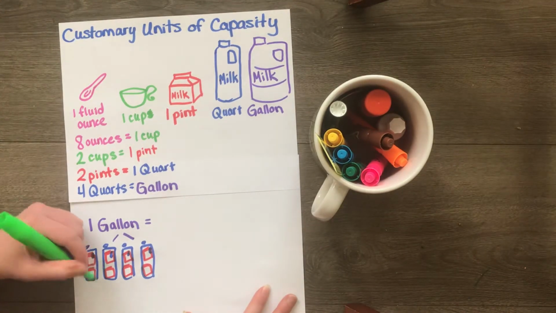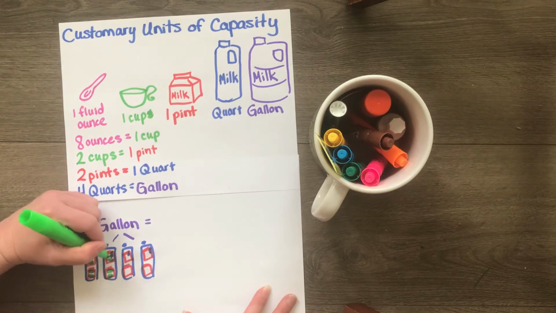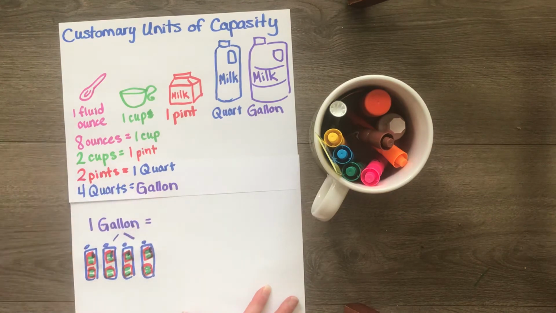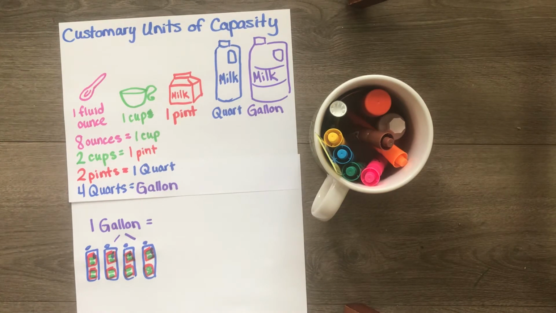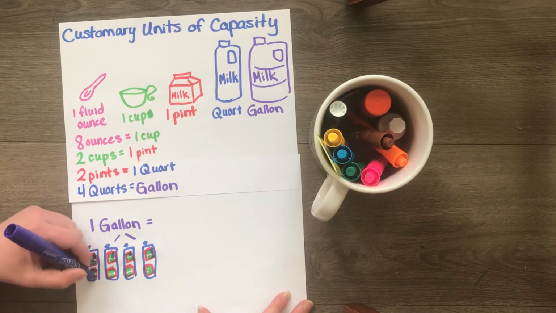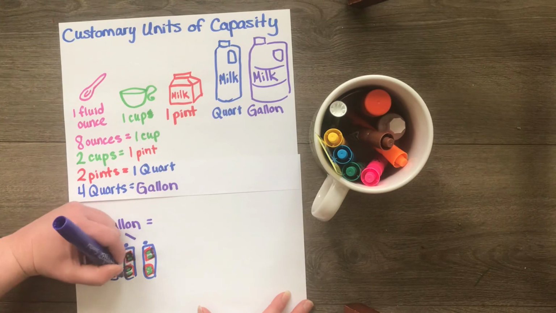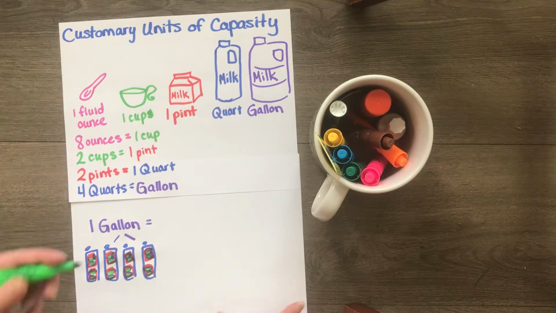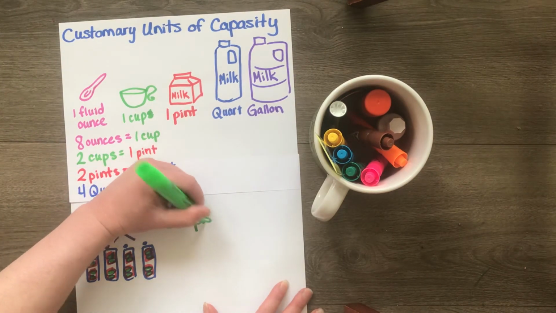So now I'm going to take my cups and go 1, 2, 1, 2, and so on. And now I can go back and count the number of cups that I need. 1, 2, 3, 4, 5, 6, 7, 8, 9, 10, 11, 12, 13, 14, 15, 16. Whoa, 1 gallon is equal to 16 cups.